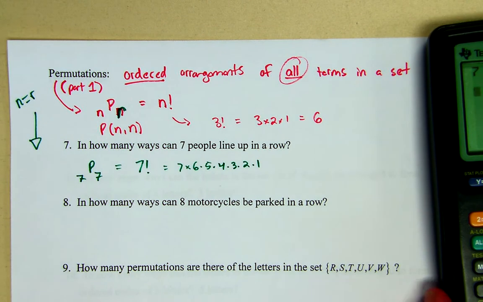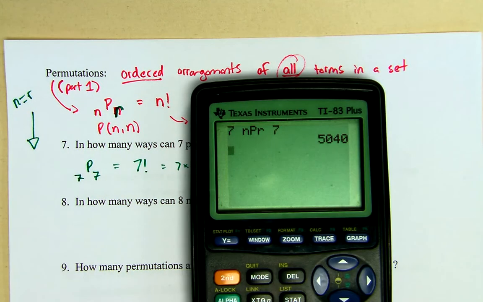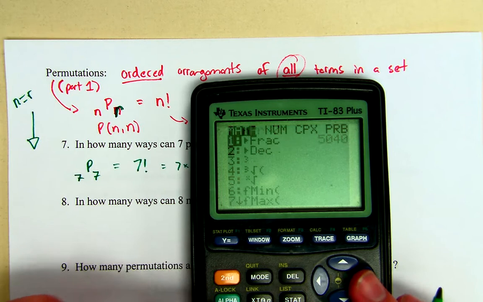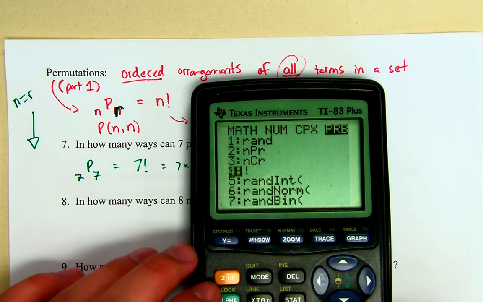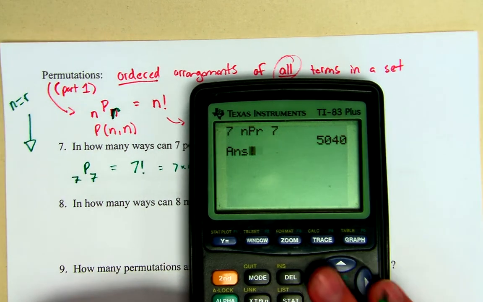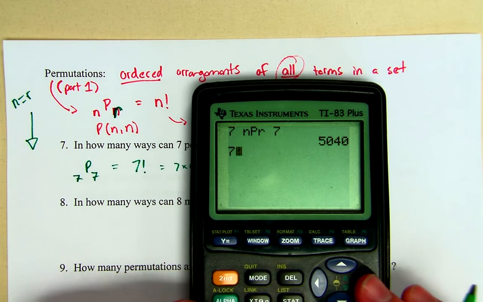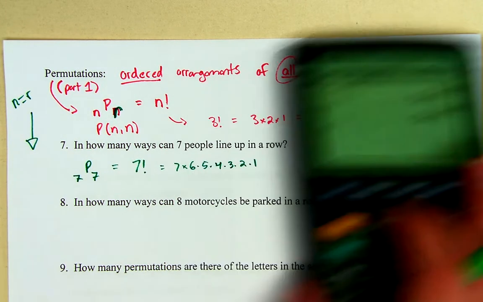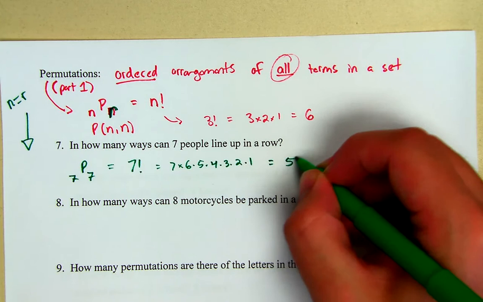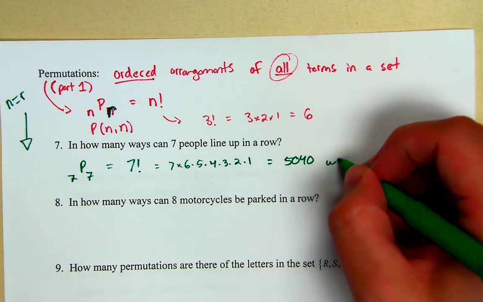So 7P7, again, is 5040. And if I went over here, I could also just do factorial. I could do 7 factorial. Oops, I need to put 7 in there. And again, same thing. So 5,040 ways.